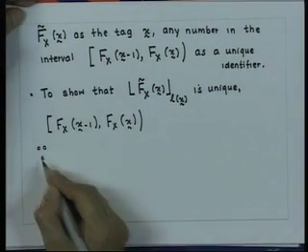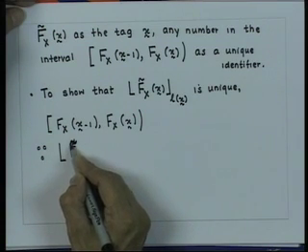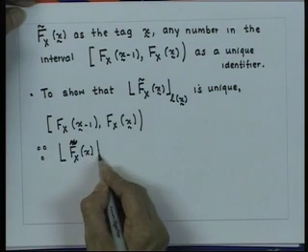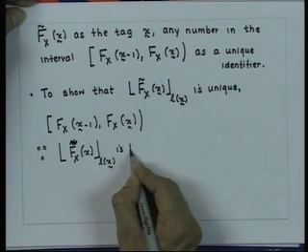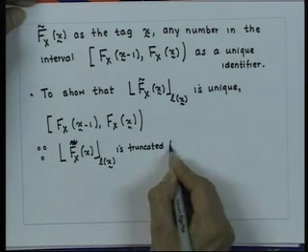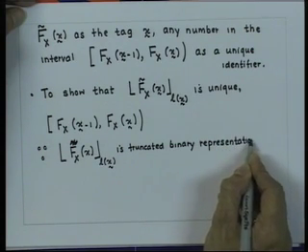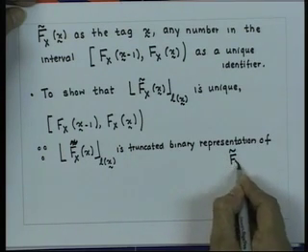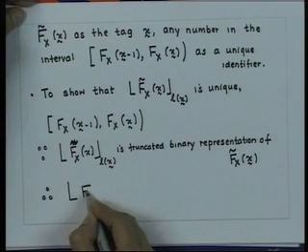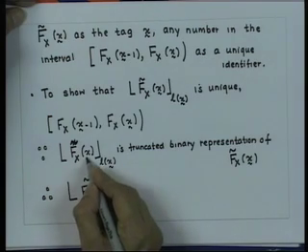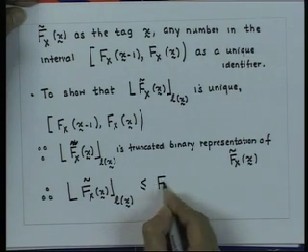Now, because this is the truncated binary representation of F tilde of x, this implies therefore that the truncated value of F tilde of x is less than or equal to F tilde of x.